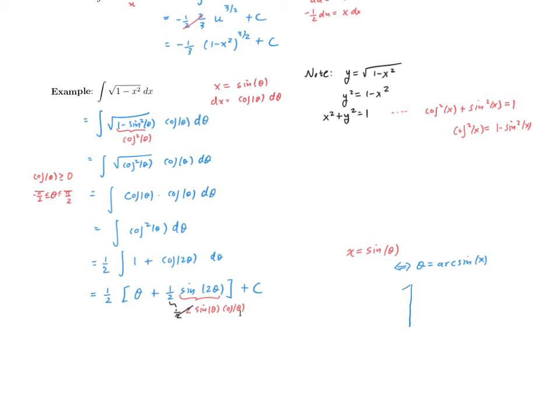We need a triangle if we want to determine cosine of theta. So when we have x equals sine theta, there is an associated right triangle. Remember, sine of theta is opposite over hypotenuse. We can use the Pythagorean theorem to determine the length of that bottom leg, the square root of 1 minus x squared.